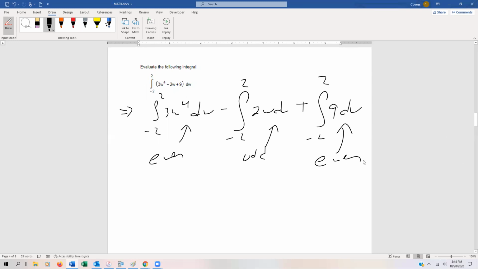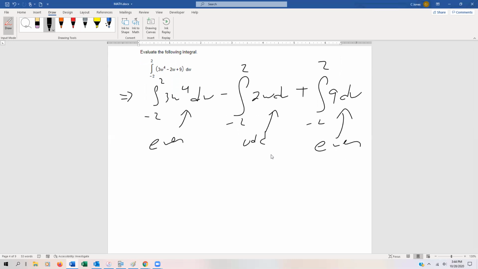What does that mean? Remember, for an even function, we can just change the integral. So we can rewrite this one as twice the integral from 0 to 2 of 3w to the fourth dw, so now we don't have to deal with that negative anymore. What do we know about this odd function? If it's odd and we have from -a to +a, it just goes away.